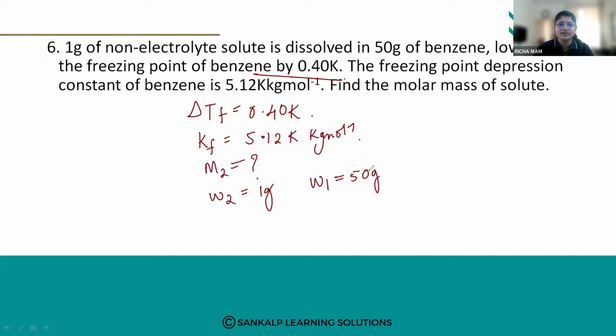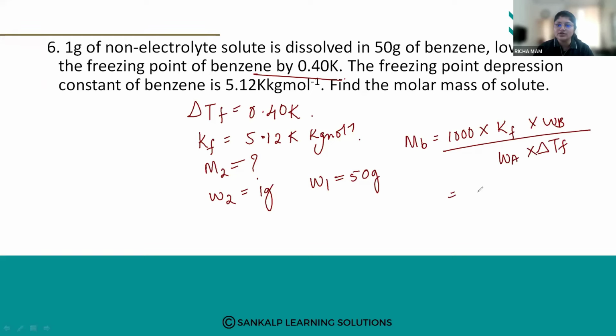Okay. Now, how do you calculate? Put the values. So the formula is M B is equal to 1000, this is for depression in freezing point, so KF into WB divided by WA into delta TF.